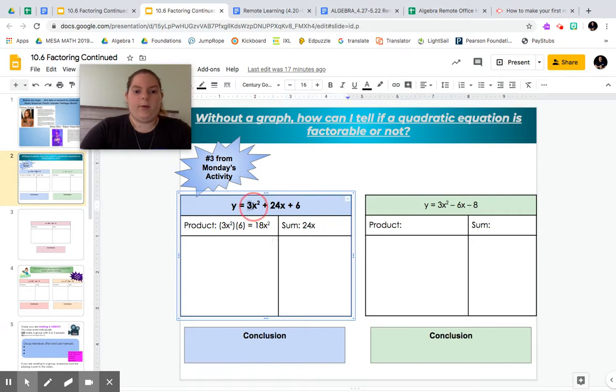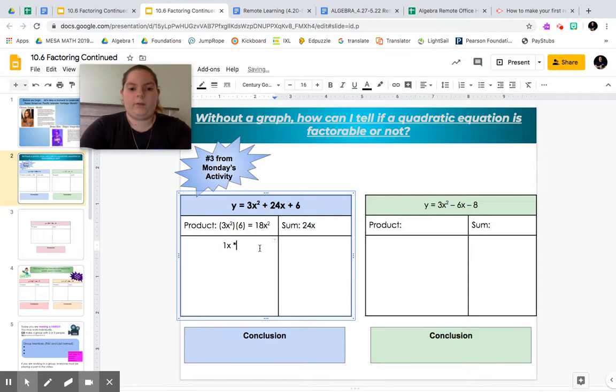Remember, we have our A value here, our B value here, and our C value here. So the product is our A value times our C value, and we were left with 18x squared. We are also looking for a sum of our B value of 24x. So let's list out all of the factors of 18x squared.